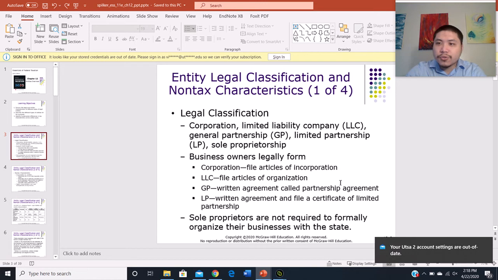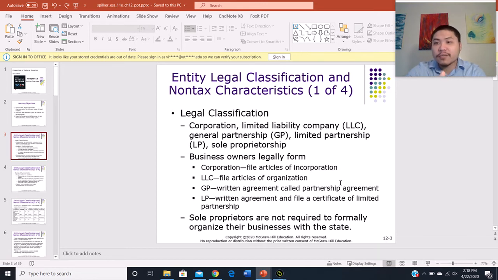you can either choose to establish a corporation, and in corporation there's C corporation and S corporation, right? We talked about that in previous chapters, right? And besides that, we have limited liability companies, we have general partnership, we have limited partnership, and we have sole proprietorship, right?